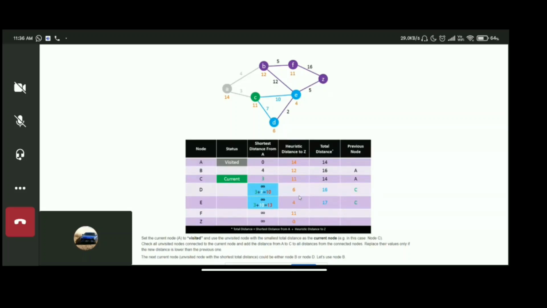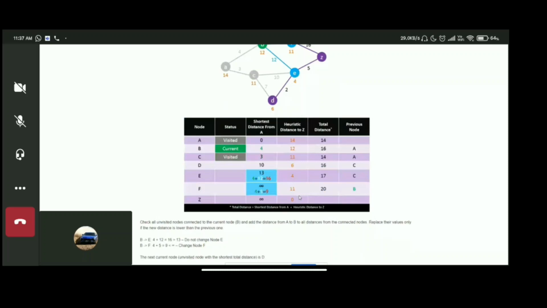Okay, so when you explore B, you will explore all its neighbors F and E. Now the path costs will be ABF and ABE. So 4 plus 5 plus 11 for F, and 4 plus 12 plus 4 for node E. But we are not considering that.